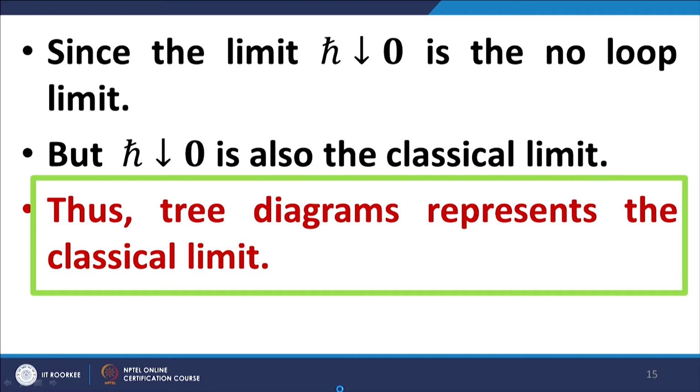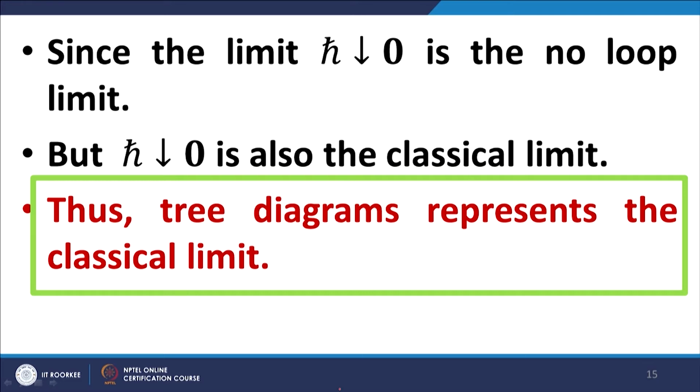The important thing here is why we are able to say this: h bar tending to 0, if we identify h bar with Planck's constant, corresponds to the classical scenario, or the classical limit.